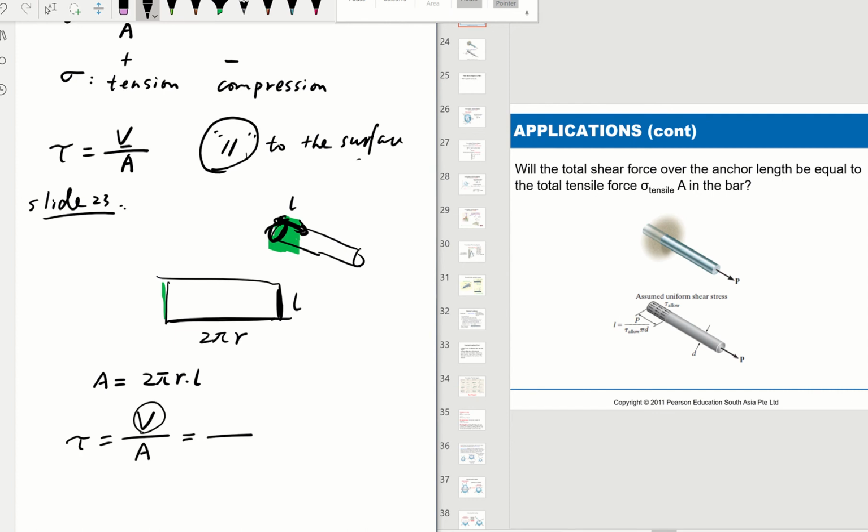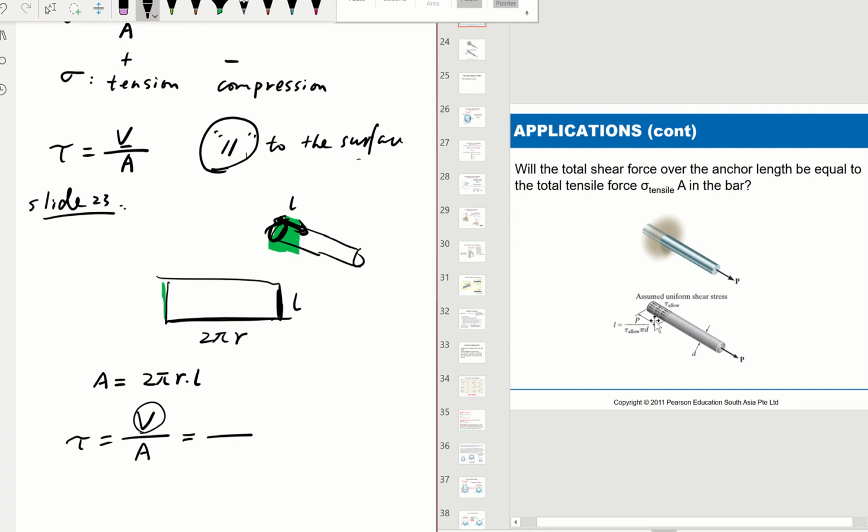And what's this internal force going to be? Now let's look at this FBD. You have this external force P pulling out towards you. Then you have this internal shear surrounding the part that's embedded and anchored to the wall.